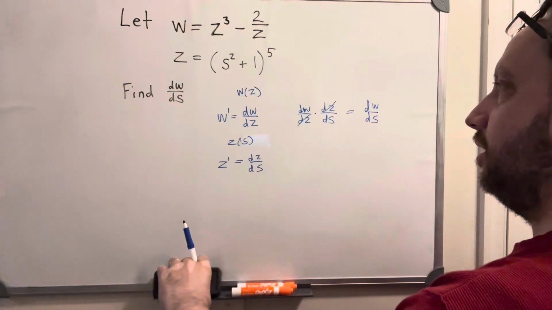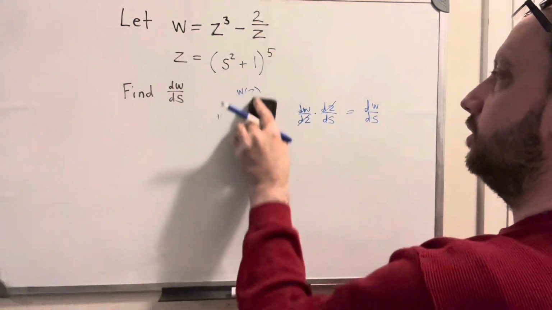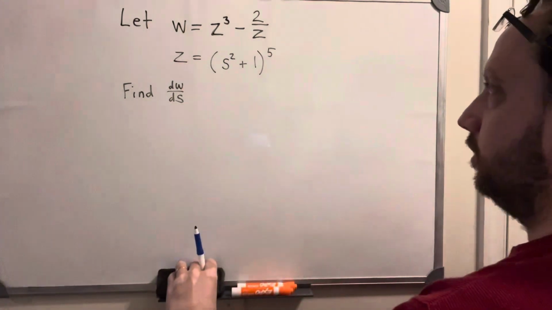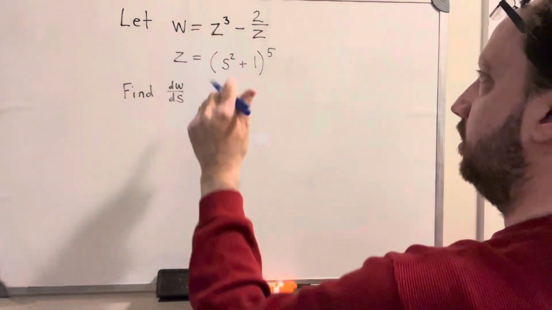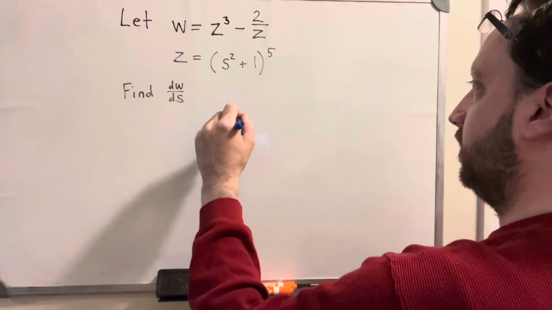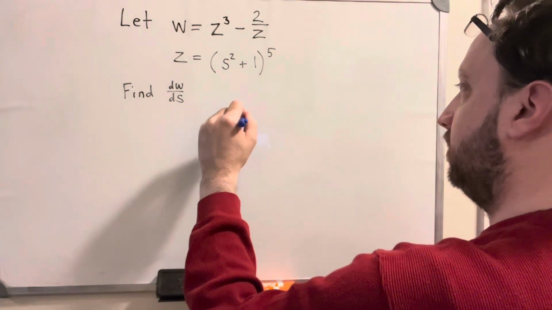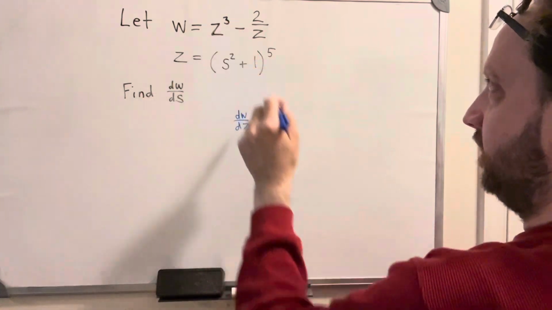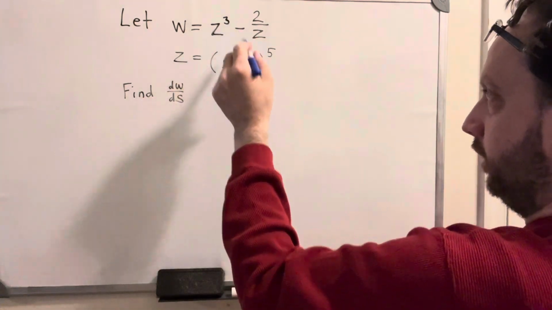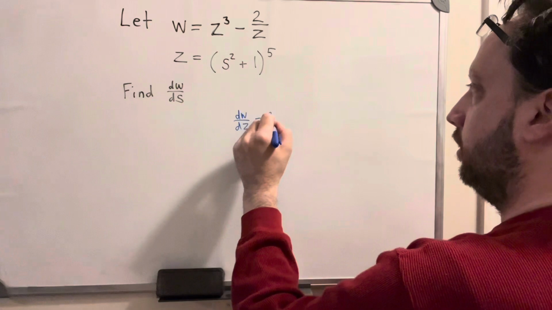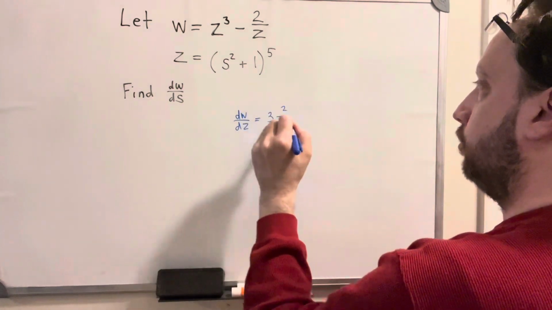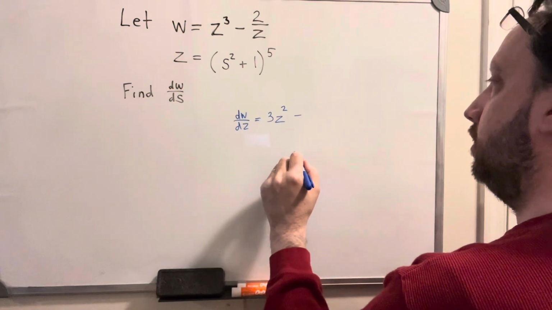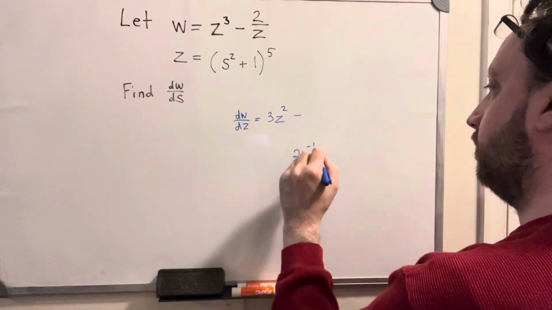So if we want to find the derivative of w with respect to z, we can use the power rule here, right? This is 3z squared minus, okay, you got 2z to the negative 1.